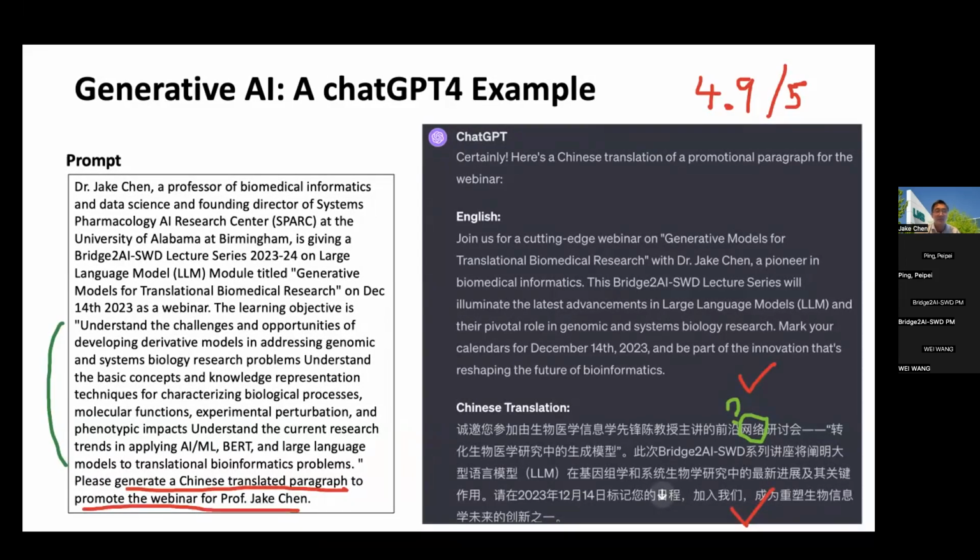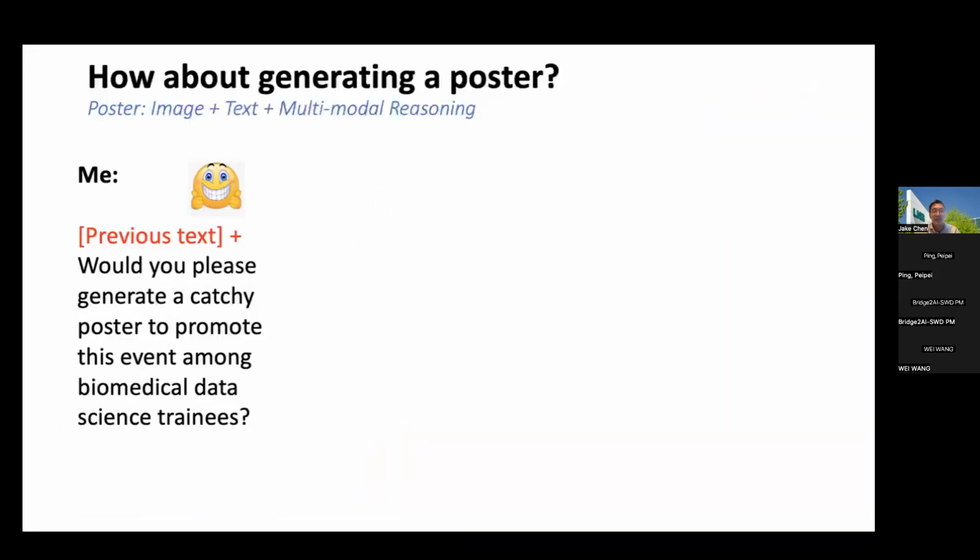Okay. So how about generating even further, a poster? Many of you have done posters and you have seen the poster for my presentation today. It contains images, text, and some kind of reasoning on how to put the text and image together. So I said all of the above.